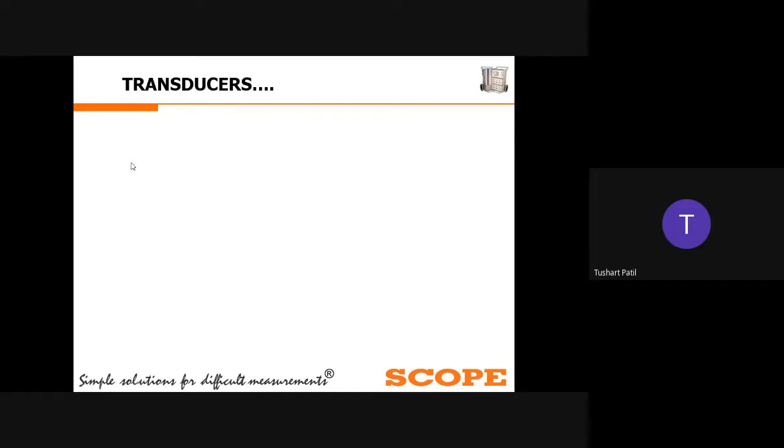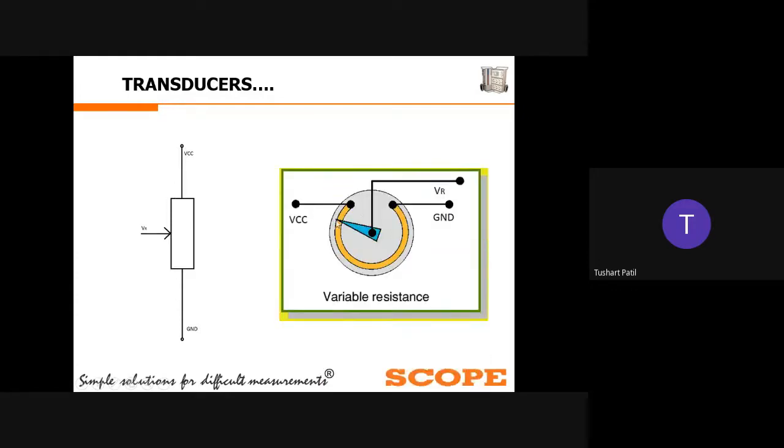Using our internal circuitry, a 5-volt supply is given to the transducer, and the transducer will calculate the travel of the mechanism of the circuit breaker. Generally we have two types of transducer: linear transducer and rotary transducer. In a linear transducer, the resistor element is like this, and in a rotary transducer the resistor element is like this.